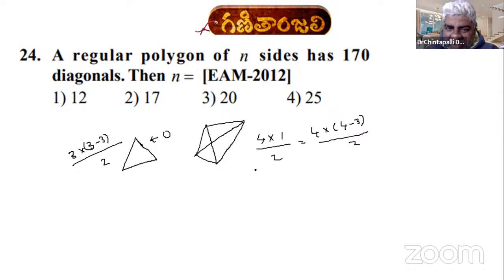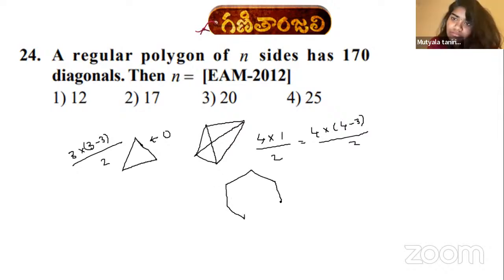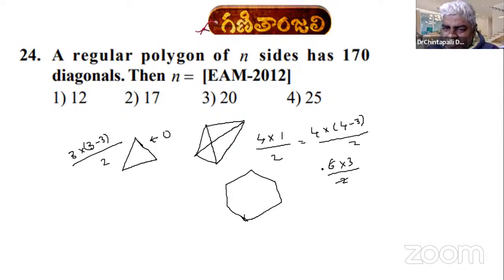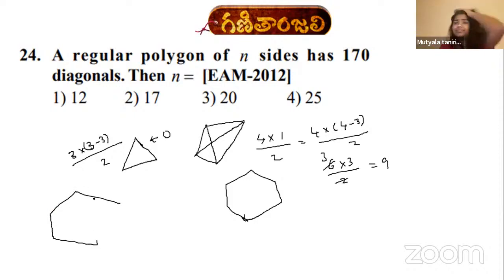Now, in case of hexagon, 6 sides are there. 6 times (6 minus 3) by 2, so 9 diagonals are there. In case of a pentagon, 1, 2, 3, 4, 5 sides.